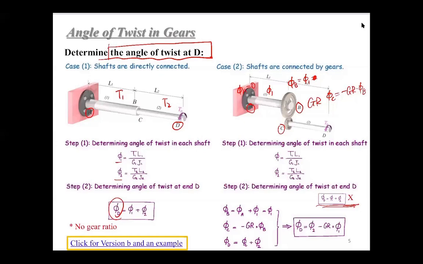So in this equation, the gear ratio should be larger than 1. When it's larger than 1, you just use the diameter of the larger gear over the diameter of the smaller gear. Then after phi C, phi D will be phi C plus phi 2.